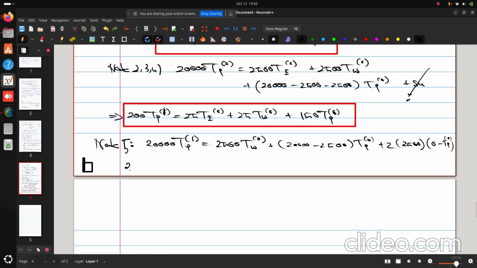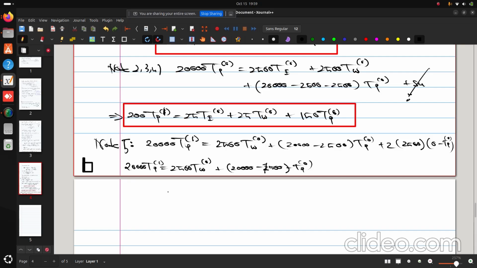So we have 5000, and totally it becomes 7500 tp naught.